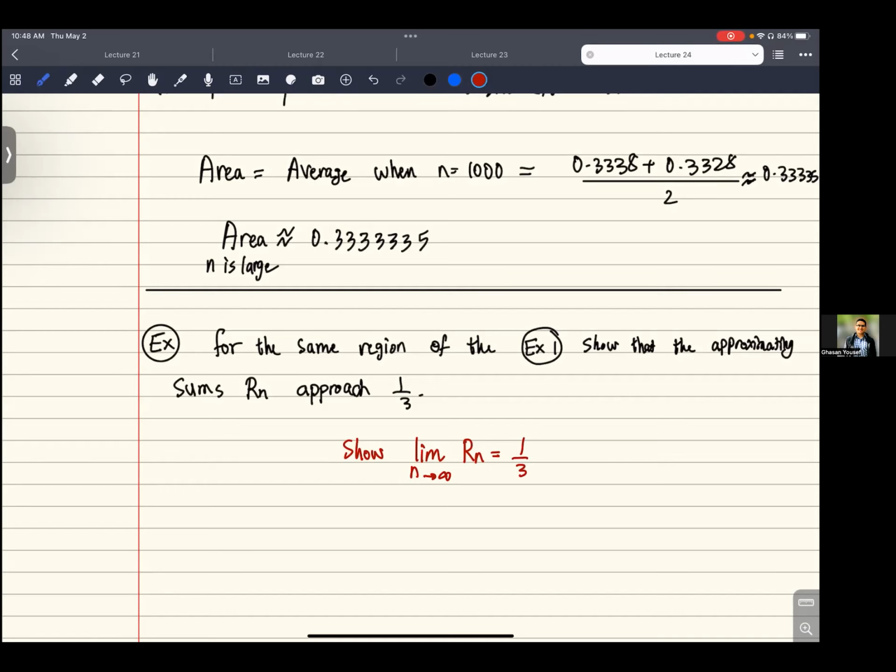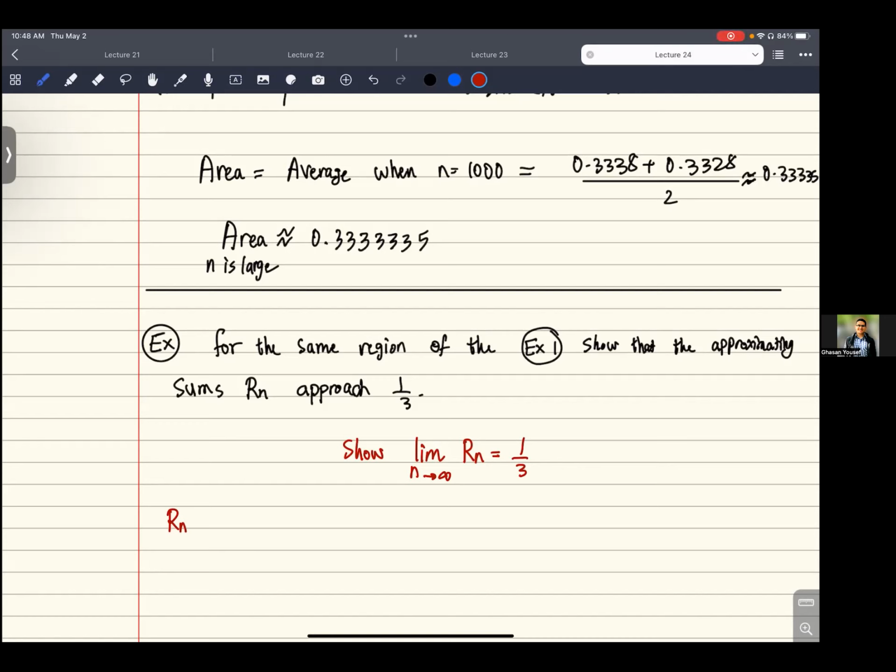First of all, I need to know what R of n is. I'm not going to give you n equal 4 or 5 or 10. I'm not giving you certain points for n. I just say n, any random integer points. What is R of n here?